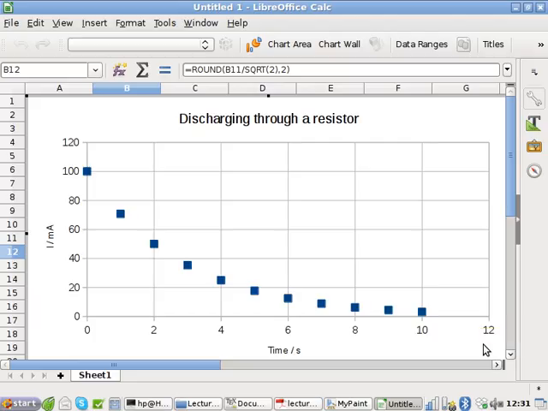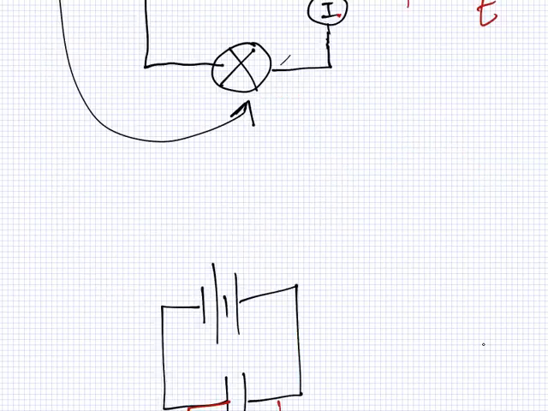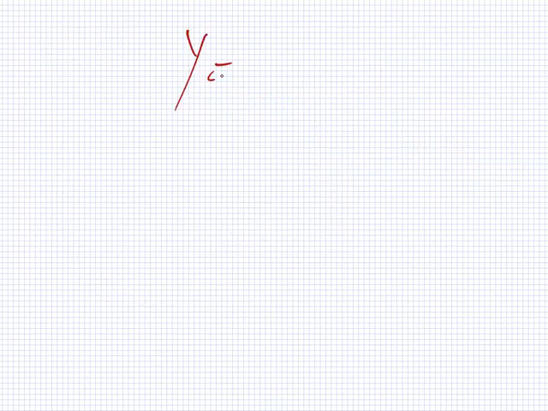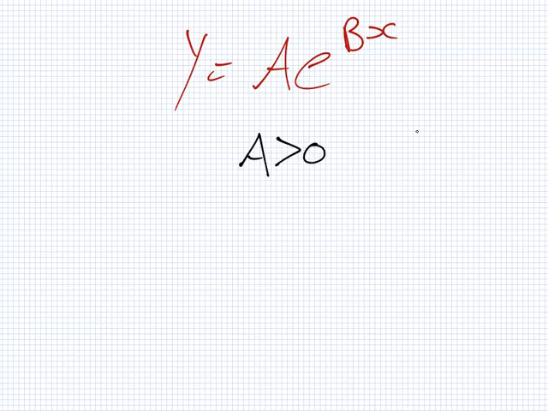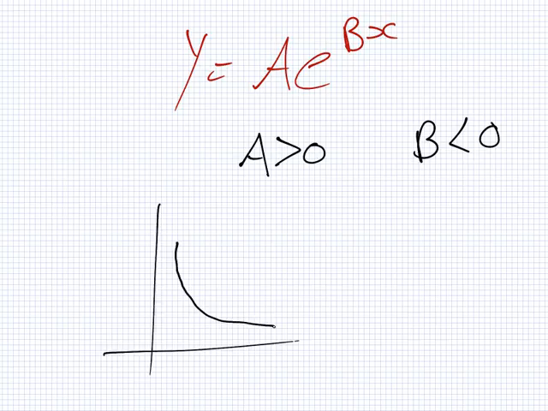And you have seen this graph in maths class, haven't you? I think you have. Do you remember the graphs of this? You know this graph? Have you done this in maths? Anyways, if the A is positive and the B is negative, the graph will have this shape to it.